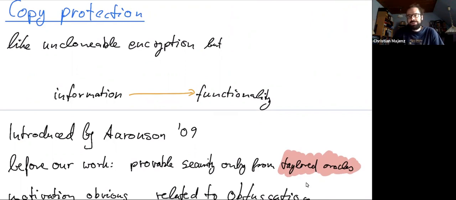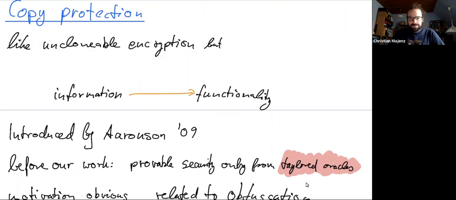It's about taking a piece of software or a circuit, in theoretical language, and encoding it in a way such that it can be evaluated, and even passed on. You can even borrow it to your friend, but you cannot both keep it and borrow it to your friend. You cannot copy it.